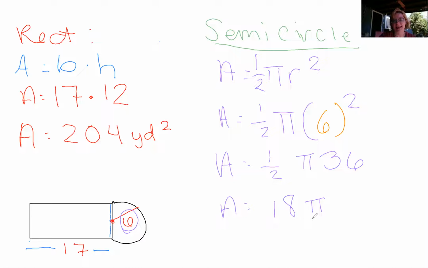I typed in 8 times 3.14, which gave me the 25.12. When you do the correct math, we should be getting that area equals 56.52 yards squared.